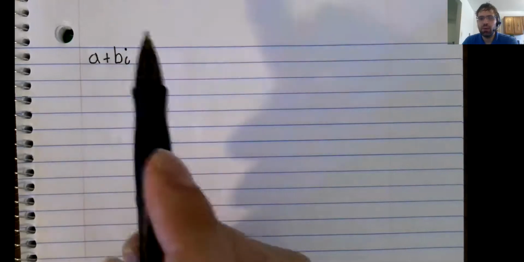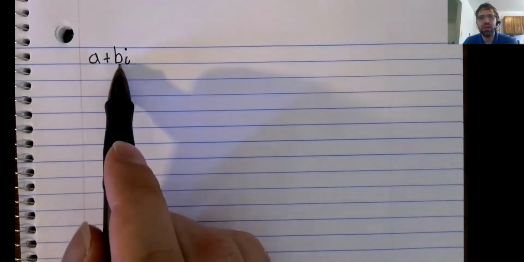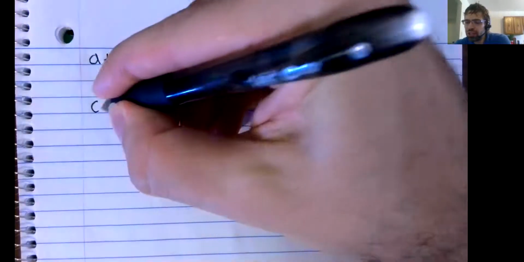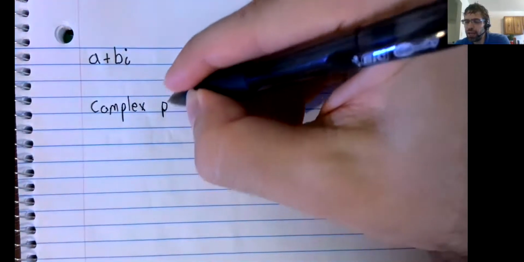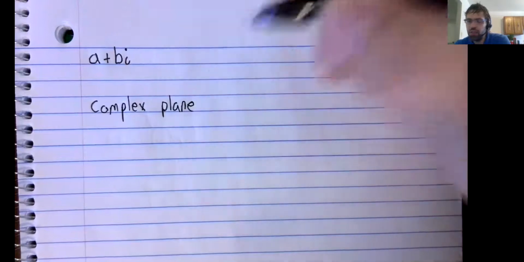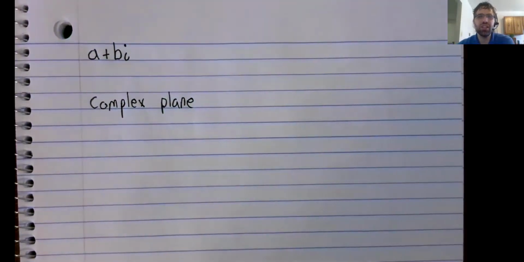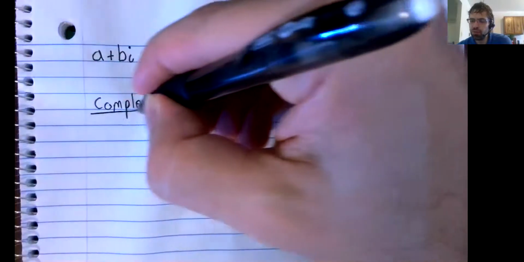So the number line is what we're really aiming for here, but a single line isn't going to cut it. To represent this number, we have to represent this a, and we have to represent this b. Well, fortunately, we already have a way to visually represent a pair of numbers.